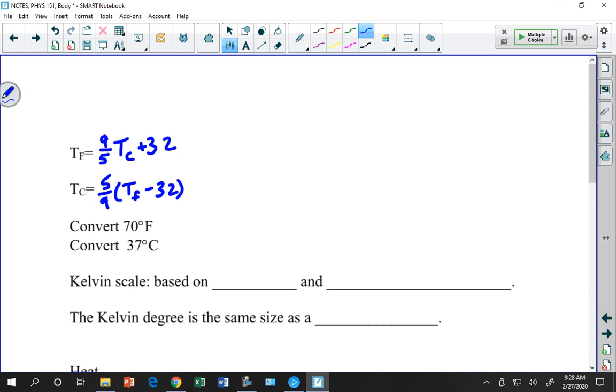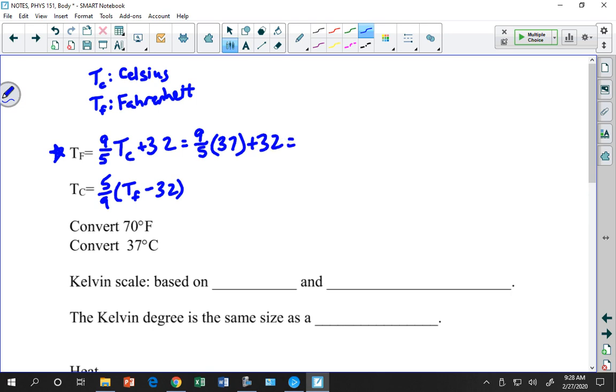So if I want to convert 37 degrees Celsius or 70 degrees Fahrenheit, TC is my Celsius temperature and TF is my Fahrenheit. If I want to convert 37 degrees Celsius, I would use this one: 9/5 of 37 plus 32, and that would be equal to about 98 degrees.